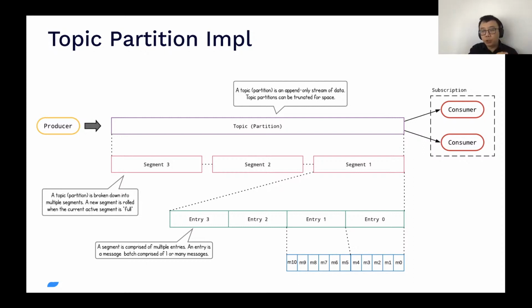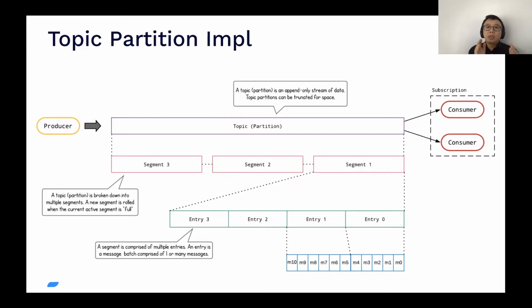The producer has a batching policy that batches multiple messages together and sends the message batch to the broker, and the broker stores the whole message batch as an entry into a segment. So this is the hierarchy of the storage abstraction for a topic partition.